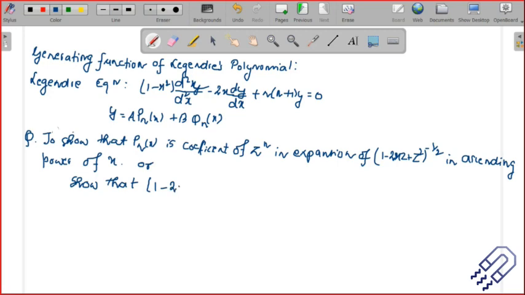1 minus 2xz plus z square whole thing to the power minus half is equal to summation n is equal to 0 to infinity. This is a series, right? So we can write it that way, z to the power n, then we'll have the function Pnx.